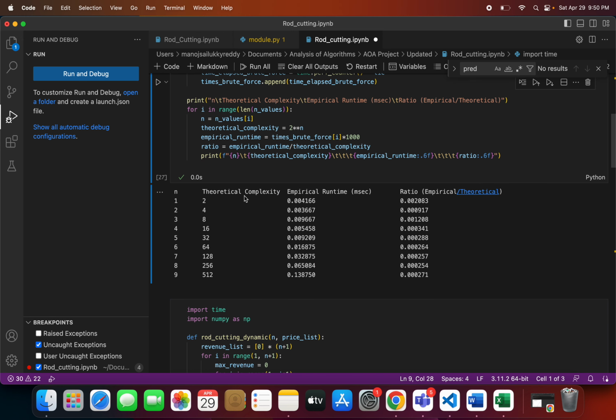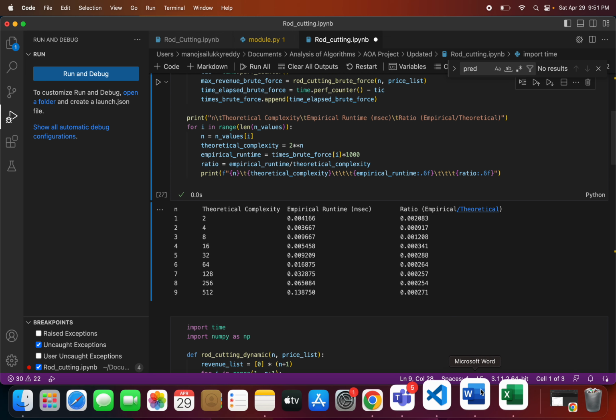here we can see the time complexity of brute force is 2 power n. So that's why if we take 1, 2, 3, 4, 5, 6, 8, 9, it will raise 2 to that power and give the theoretical complexity. And here is the empirical runtime, and here is the ratio between empirical and theoretical runtime.